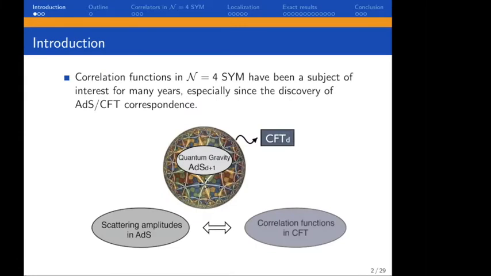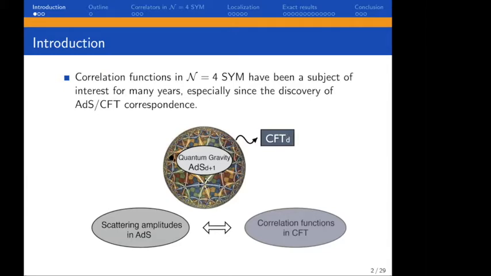I think it's fair to say that correlation functions in N=4 Super Yang-Mills have been a subject of interest for many, many years, especially since the discovery of the AdS/CFT correspondence.